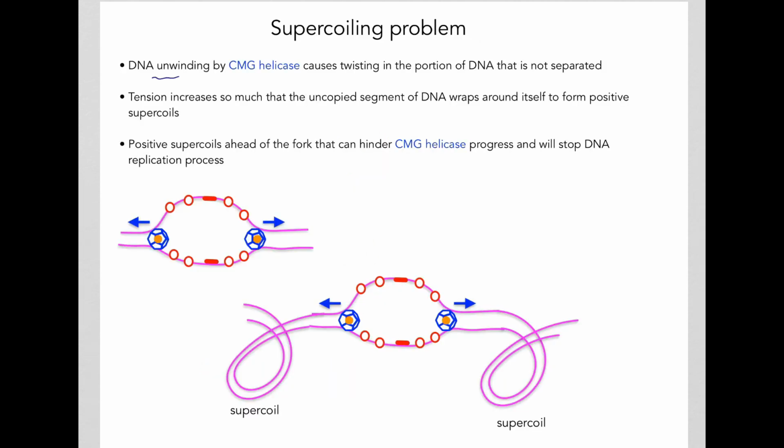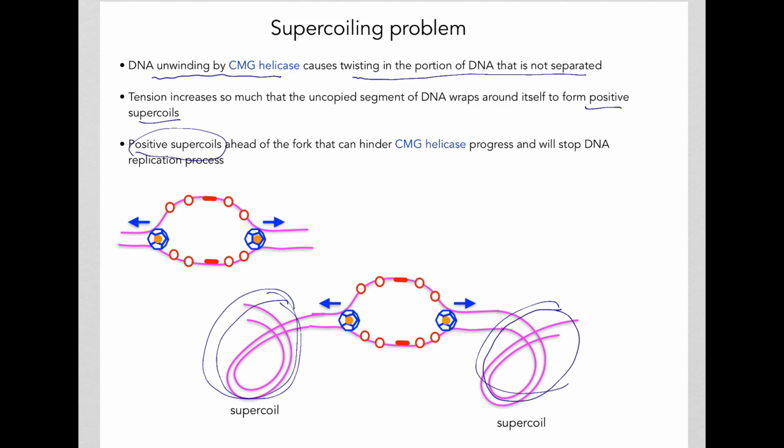The DNA unwinding by CMG helicase will cause twisting of the DNA that is not separated, and this twisting will cause the DNA to wrap around itself to form positive supercoils. These positive supercoils that are ahead of the fork, right down here as well as here for example, will hinder CMG helicase from unwinding more DNA, and it will stop the replication process.